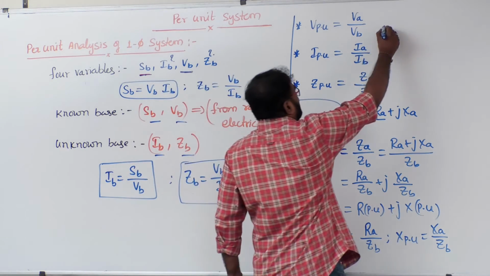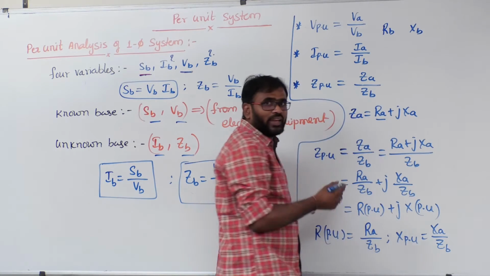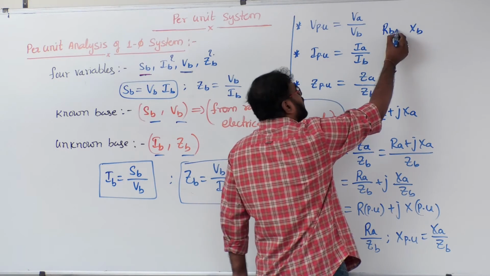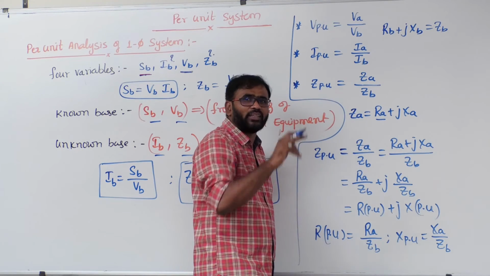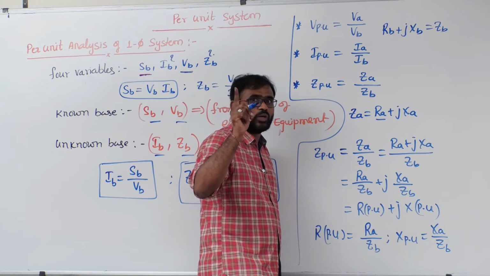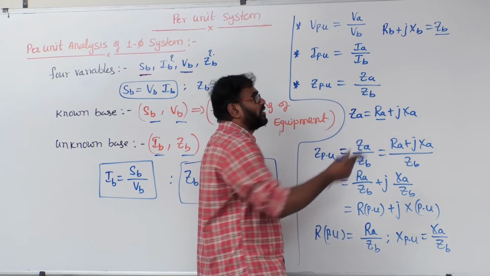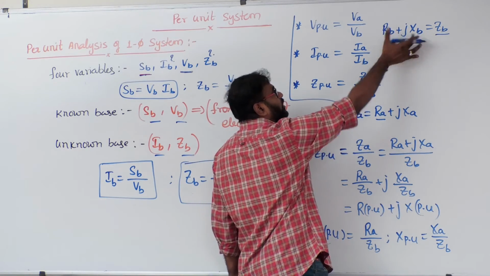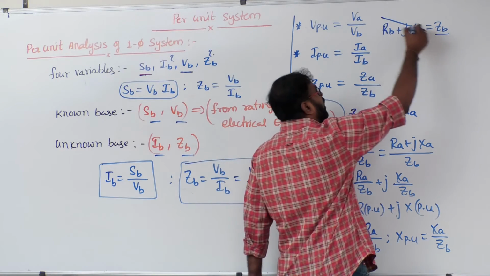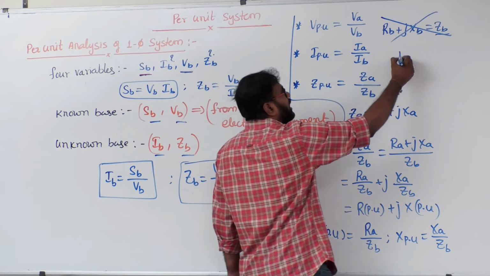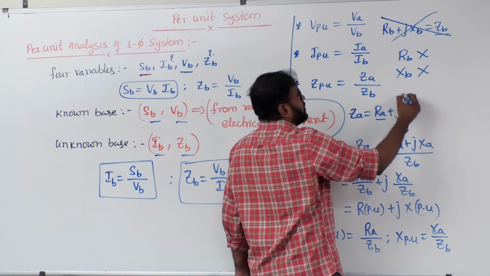Because if you define resistance base and reactance base, then resistance plus j times reactance would be Z base, which violates one rule. Z base should have only magnitude, but if you write like this, it has a magnitude as well as a phase angle. So you cannot define it like this. That means R base will not exist, and X base will not exist.